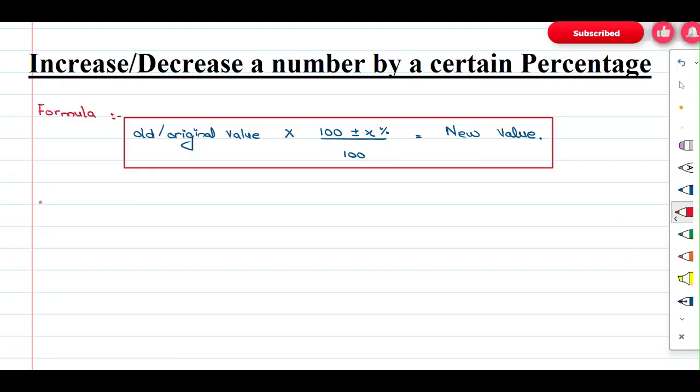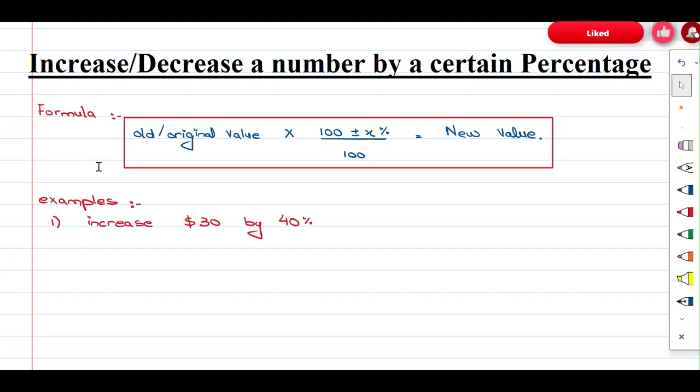Let's say I have an example. The first example: increase $30 by 40%.